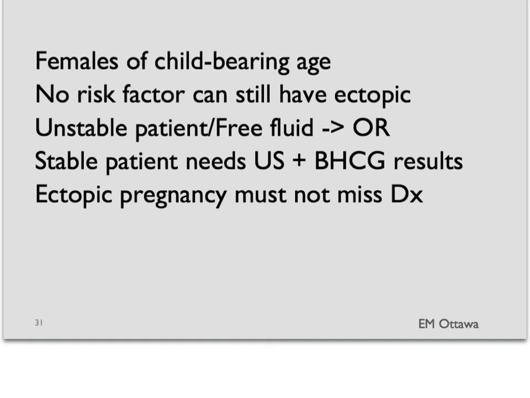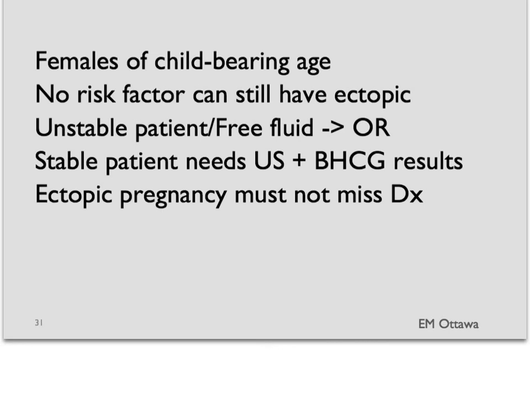To recap, all females of childbearing age need a urine beta HCG. Patients who have no risk factors can still have an ectopic pregnancy. Any patients who are unstable or have free fluid in the abdomen need to go to the operating room.